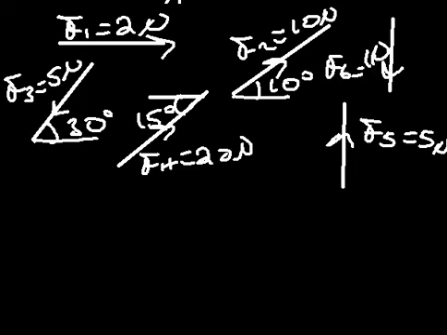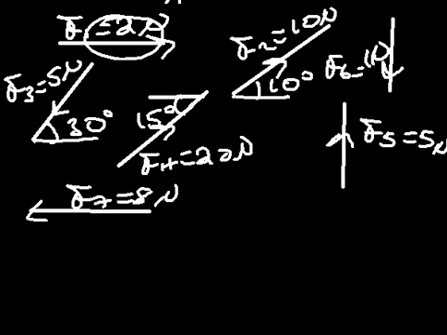And now we have another vector going over in this way, f7, given as 8 newtons. So now resolve these vectors into components.